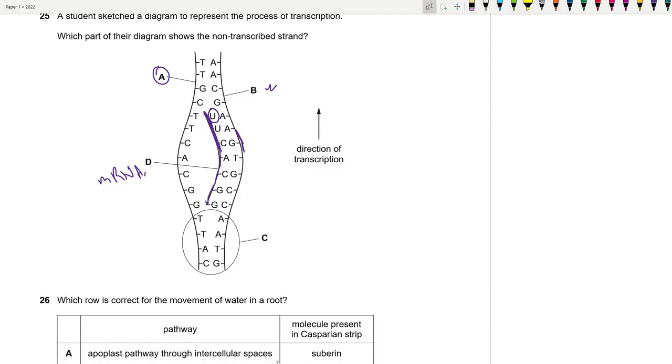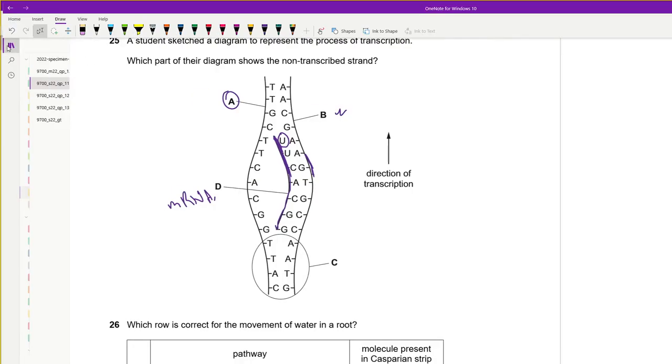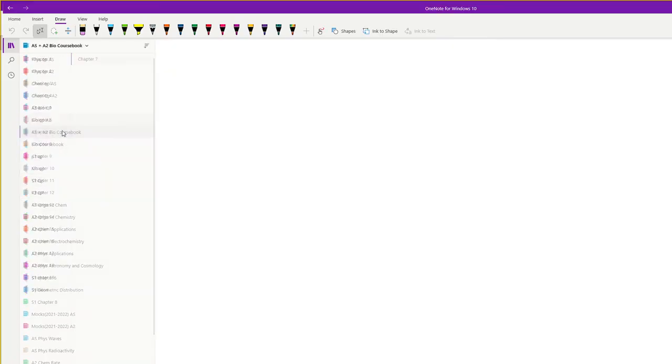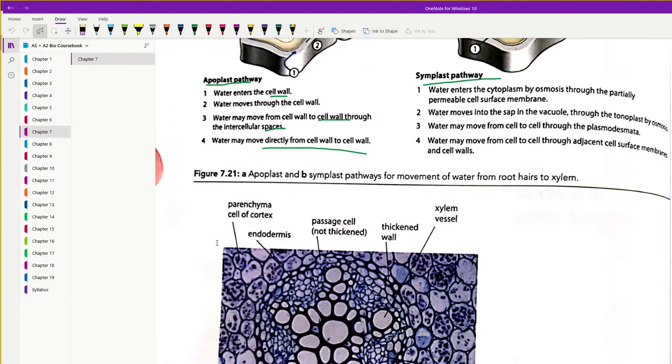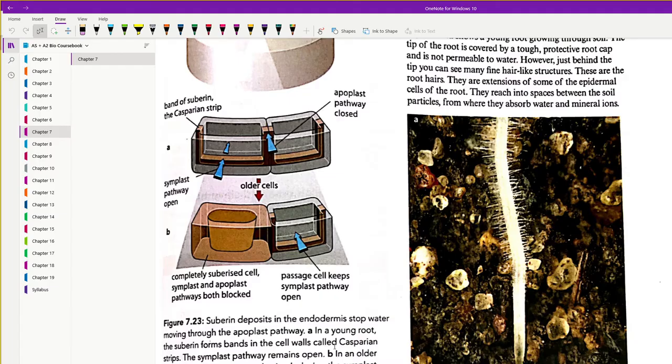So the apoplast pathway through intercellular spaces, the symplast pathway through intercellular spaces. The maximum answer is A, but the apoplast pathway is supposed to be blocked in. Let's check this though. In a young root, the suberin forms bands in cell walls called Casparian strips. The symplast remains open.